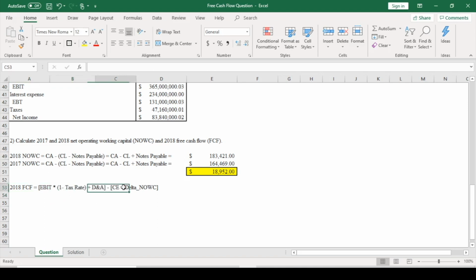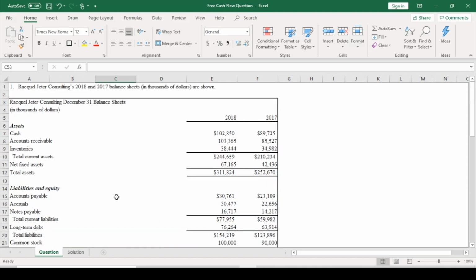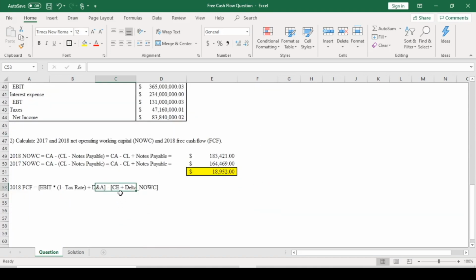Clear? Okay, the second part, capital expenditure, where does it come from? If I provide the cash flow statement, you can find capital expenditure, right? However, in this case, I only provide the balance sheet, so we can find capital expenditure in the balance sheet.